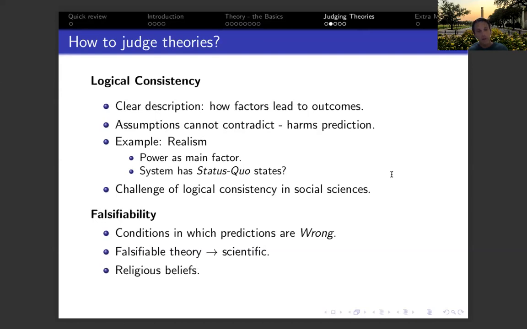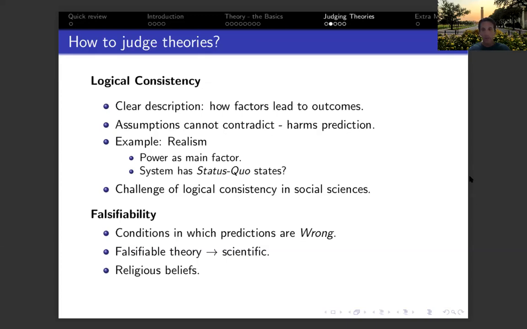As a result, a religion is not a theory, it's a belief, because whatever the conditions are, they can lead to the conclusion that there is a God or there isn't a God. So we cannot find a condition showing that there is not a God. That means that religious beliefs are just what they are, beliefs and not a theory.